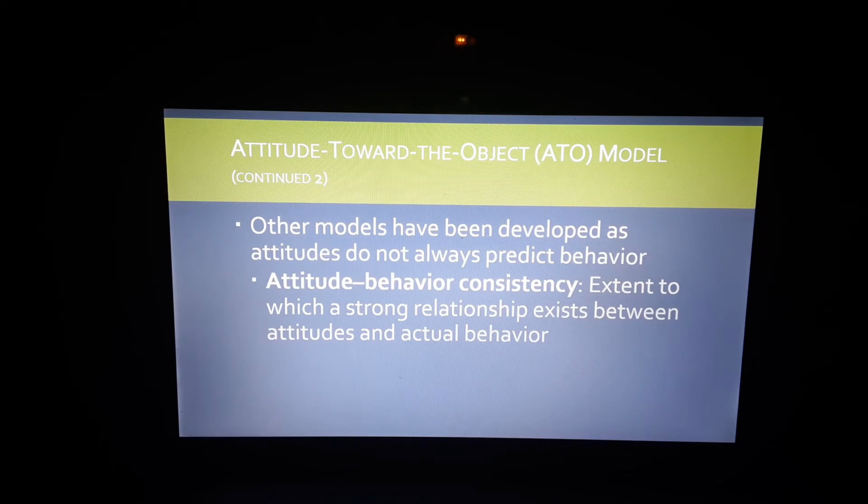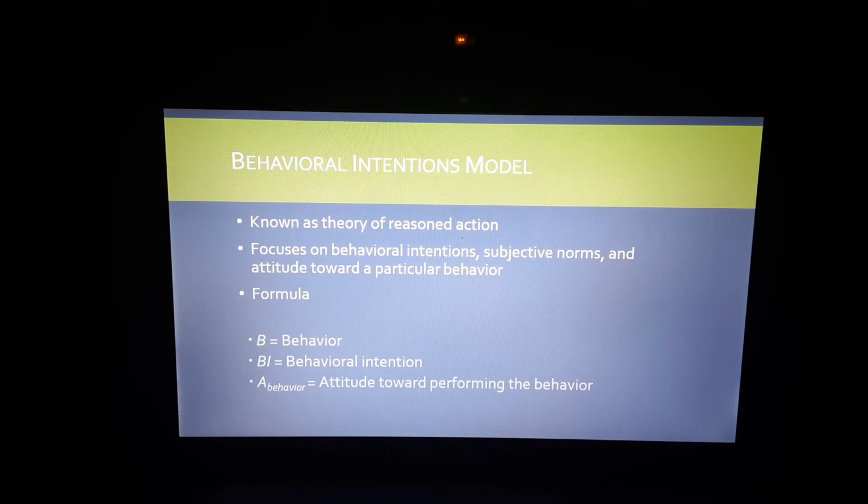Other models about attitude towards the object, the ATO model, have been developed. Our attitudes don't always predict behavior, but we do like to have some level of consistency, a strong relationship between the attitudes and the actual behavior. Then there's the behavioral intentions model. Again, you don't necessarily need to know that.